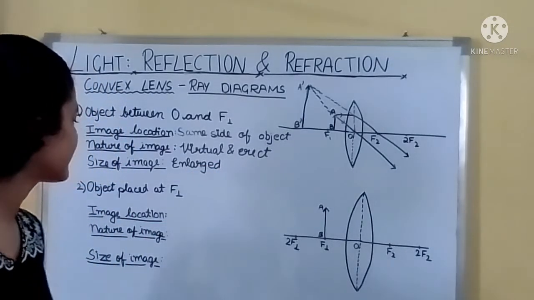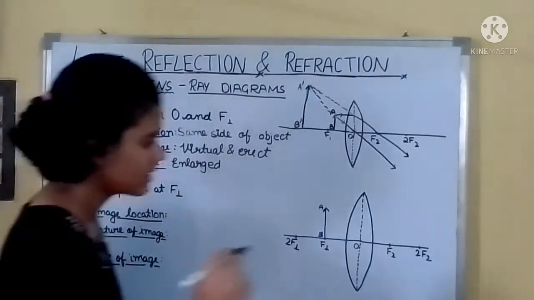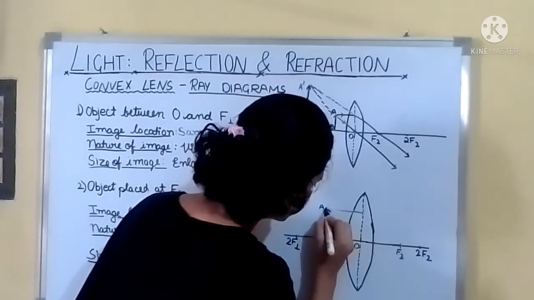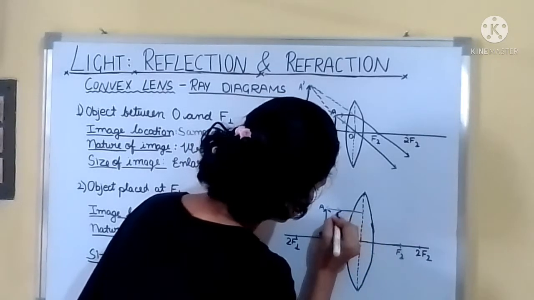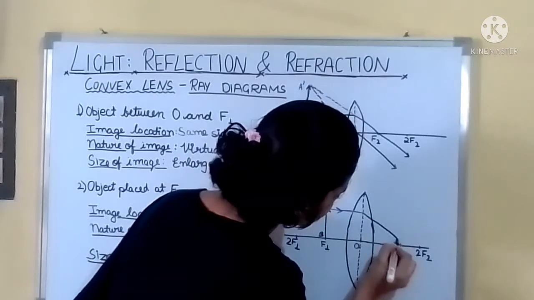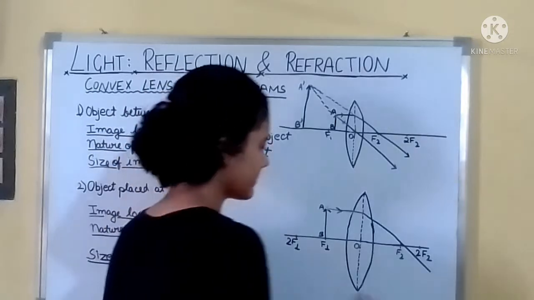Now the second case, object placed at F1. The incident ray will go parallel, then it will pass through F2, the principal focus.